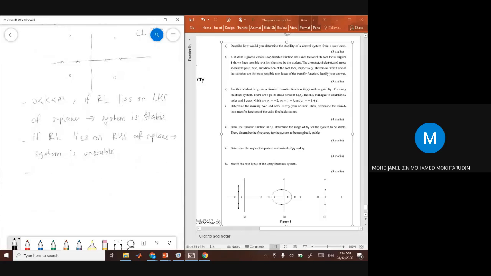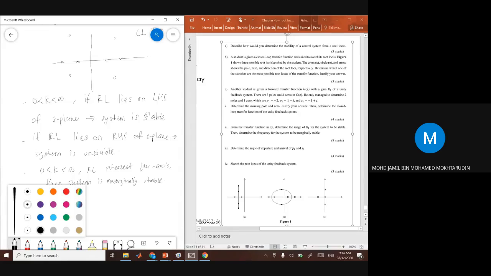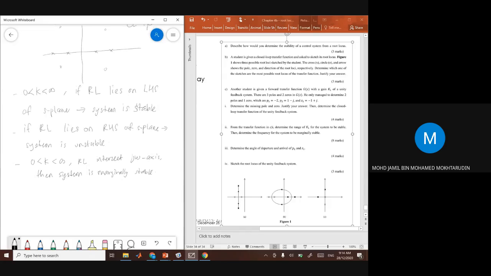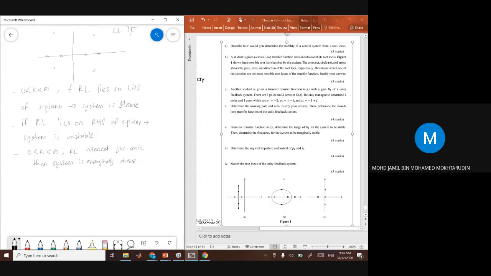Meanwhile, if k from 0 to infinity and root locus intersects JW axis, then system is marginally stable. Okay, so if you have all these points, you get 3 marks.